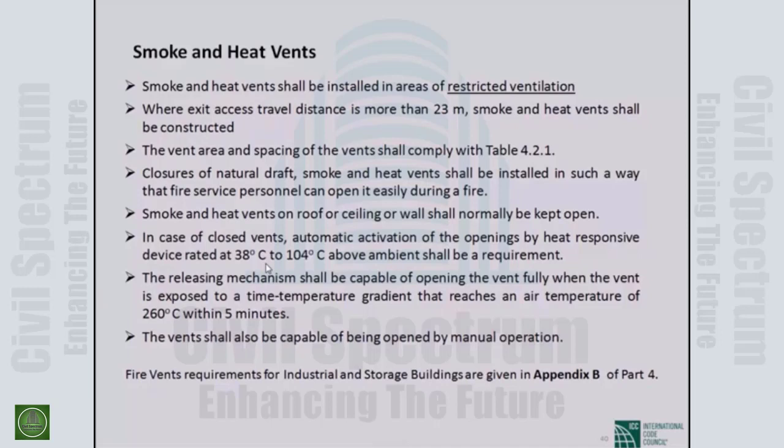The vent for industry and storage is a very deciding factor. That will be discussed differently, given in Appendix B, which I will talk about when it comes in Part 4. That will not be considered for this lecture. It will be considered in the second lecture, where I will give details about how we design vents for buildings, particularly for industry and storage.